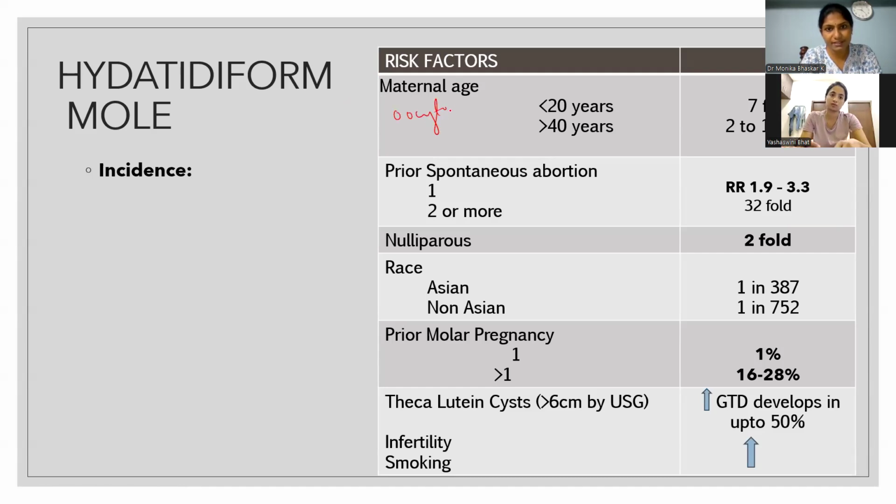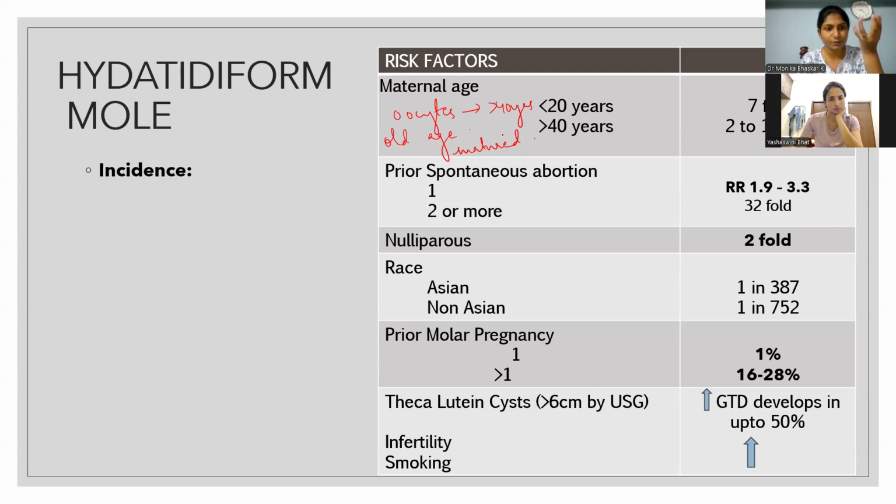Especially after 40 years, these are old aged oocytes, which have aged for a longer time. So these oocytes are at a higher risk of development of this.